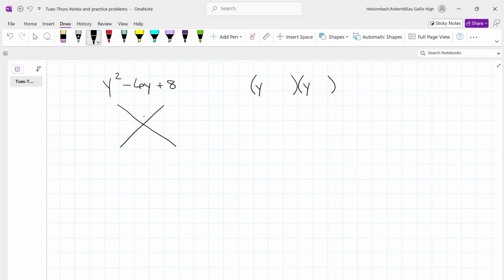All right, we need to multiply to positive 8, and we need to add to negative 6. Our factors of 8 aren't many. We got 1 and 8, and we've got 2 and 4. So we have to use the 2 and the 4, because with a 1 and an 8, you can only get 7 or 9.